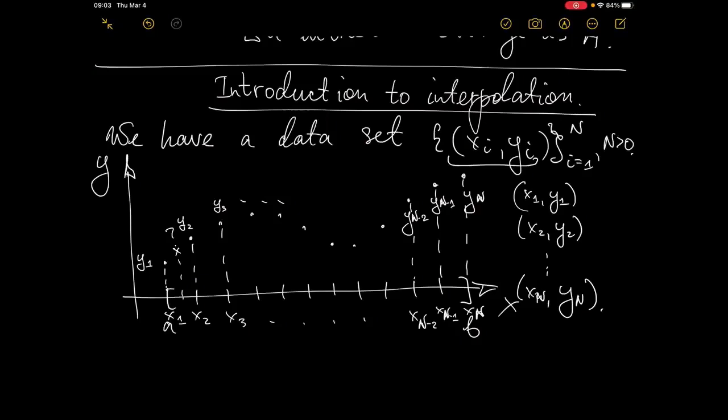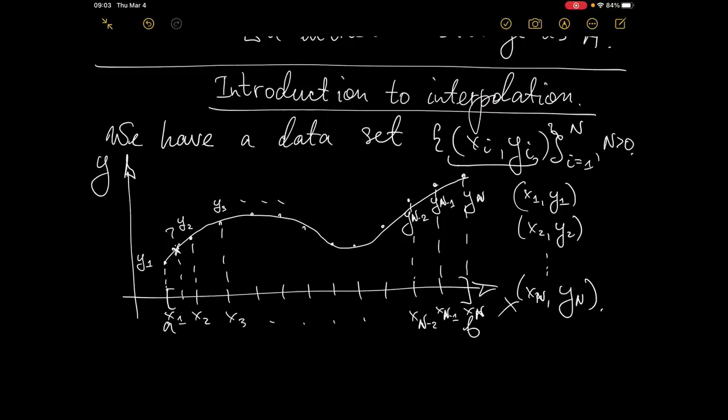How to do this? Of course, I can draw a function through these points with my hand, for example, and it will give me just some approximate value here.